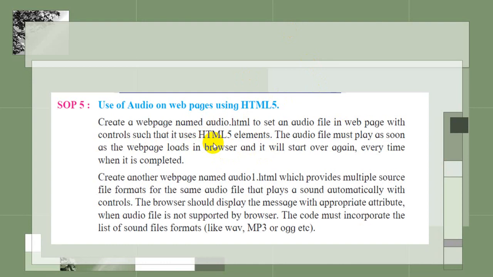These are some controls which come inside the panel, and that's called the control panel or console panel. This control panel will display by using the controls attribute. Similarly, you have to insert an audio tag, and inside that you have to use the controls attribute.